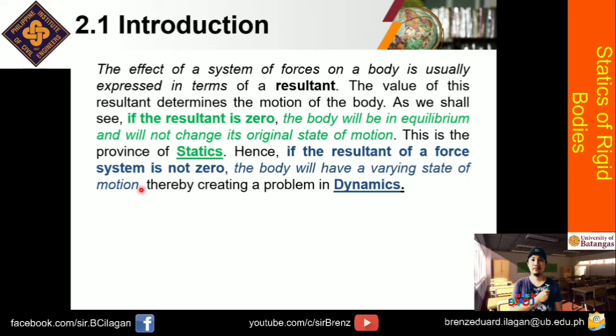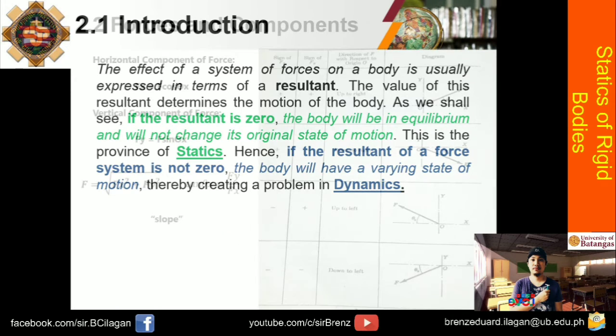But if the resultant has a value and is not 0, that is in the province of dynamics. Okay, so our book is all about engineering mechanics, and our mechanics has two classes, statics of rigid bodies and dynamics of rigid bodies. That's why we also need to discuss this topic, since our dynamics will be discussed in your next subjects. Okay, so let's proceed with the next slide.